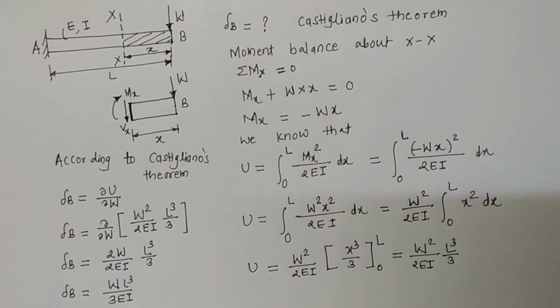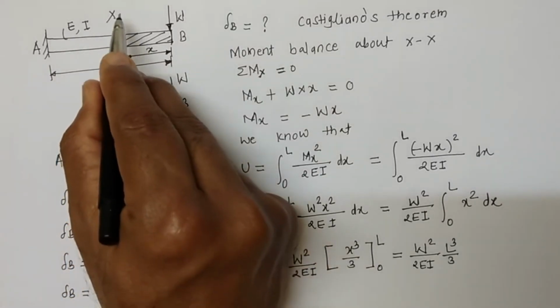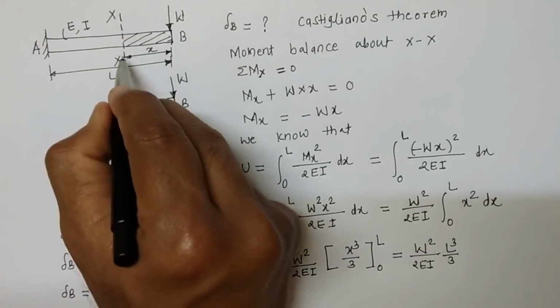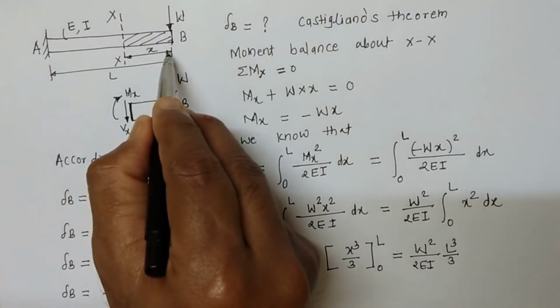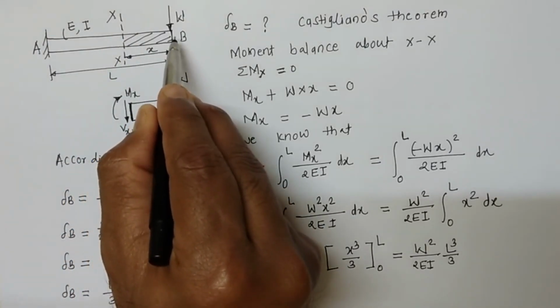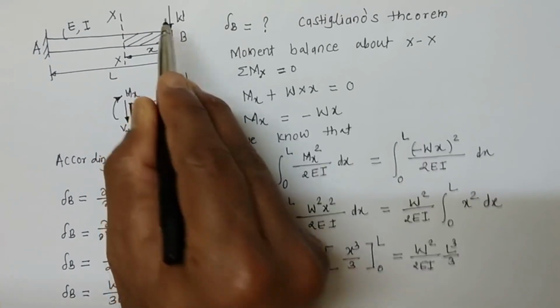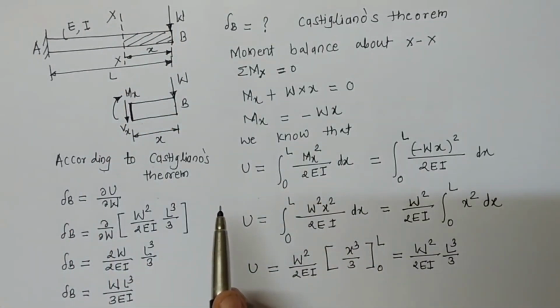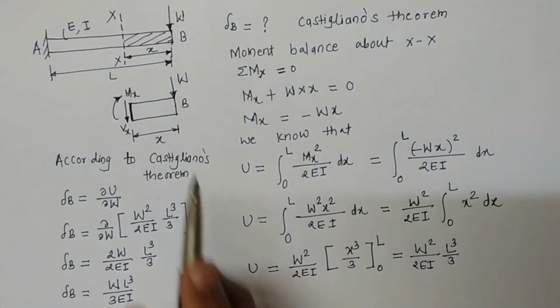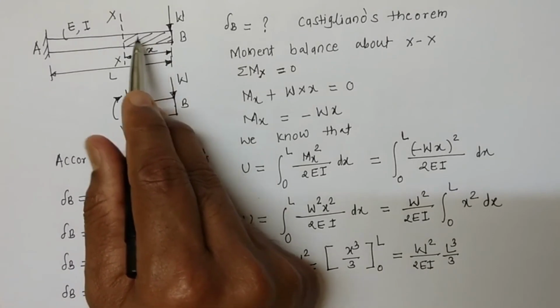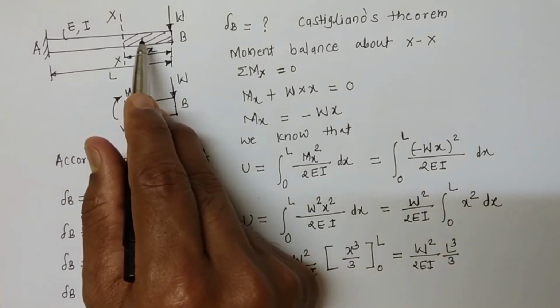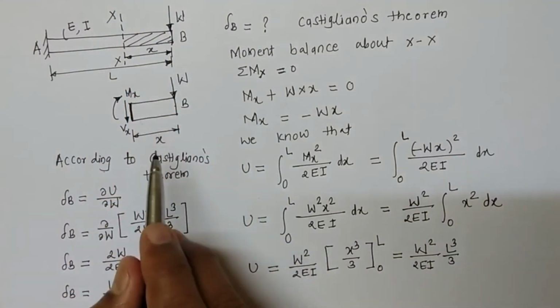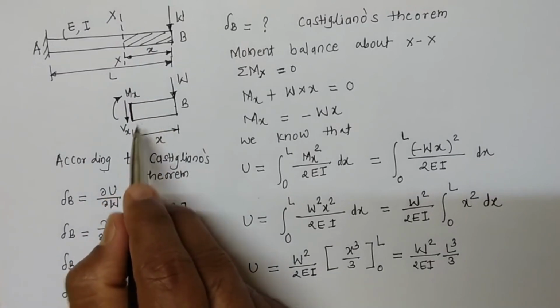and the procedure is very simple. Let us have a recap of the procedure. I have taken a section XX at a distance x from the point of application of load, and considered the equilibrium of this portion of the beam in this following diagram.